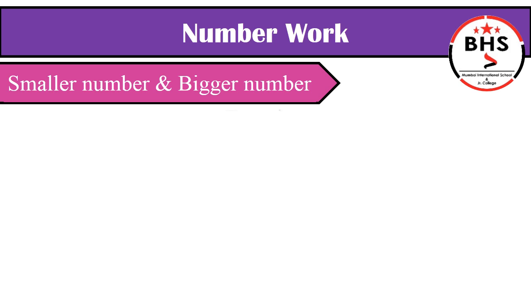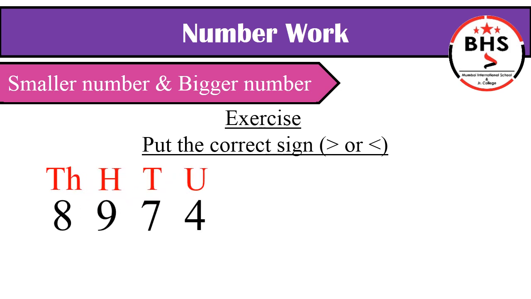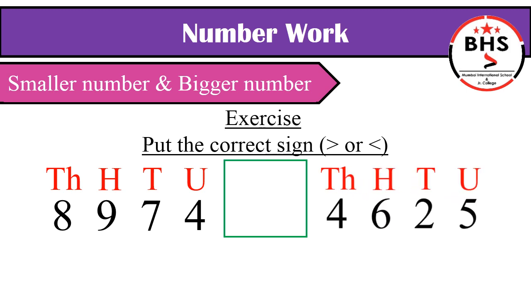Children, let's do some exercise. Put the correct sign. Greater than sign or smaller than sign. 8,974 box 4,625. Children, both the numbers are 4-digit number.